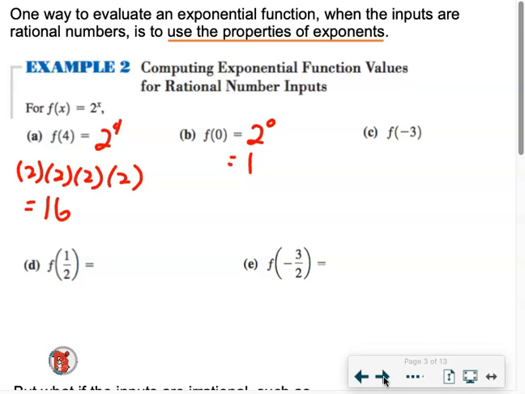For c, we have f of negative 3. So hopefully that brings up memories of working with exponents. And you remember, oh, that's right, negatives, those are for fractions, for reciprocals. So what we really want is 1/2 times 1/2 times 1/2.